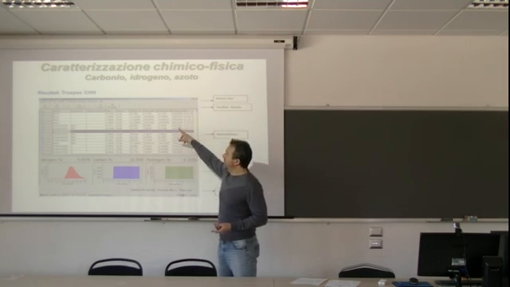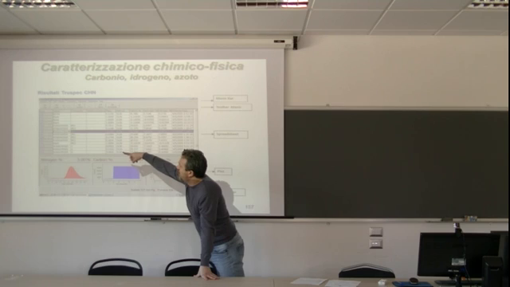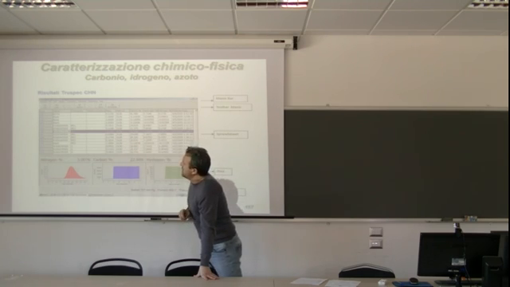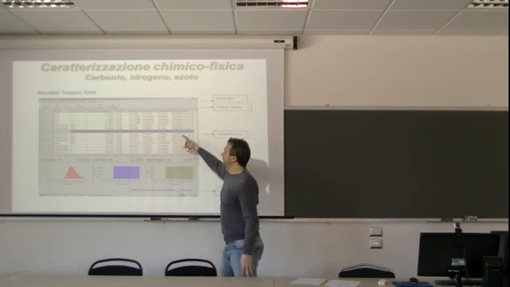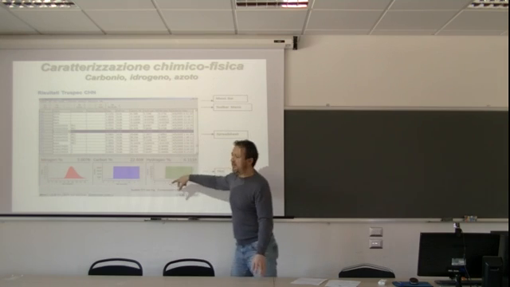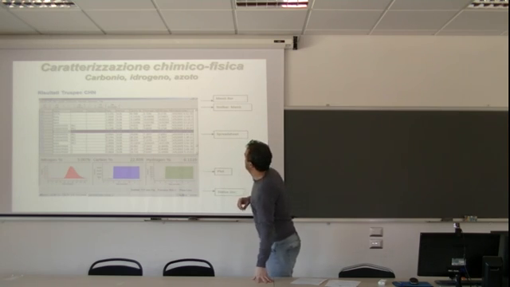So, for example, this material, I'm not sure, but it should be PO in our nomenclature, is olive prunings. In the olive prunings you have 22% of carbon, which is very, very low, 6% of hydrogen and 5% of nitrogen.